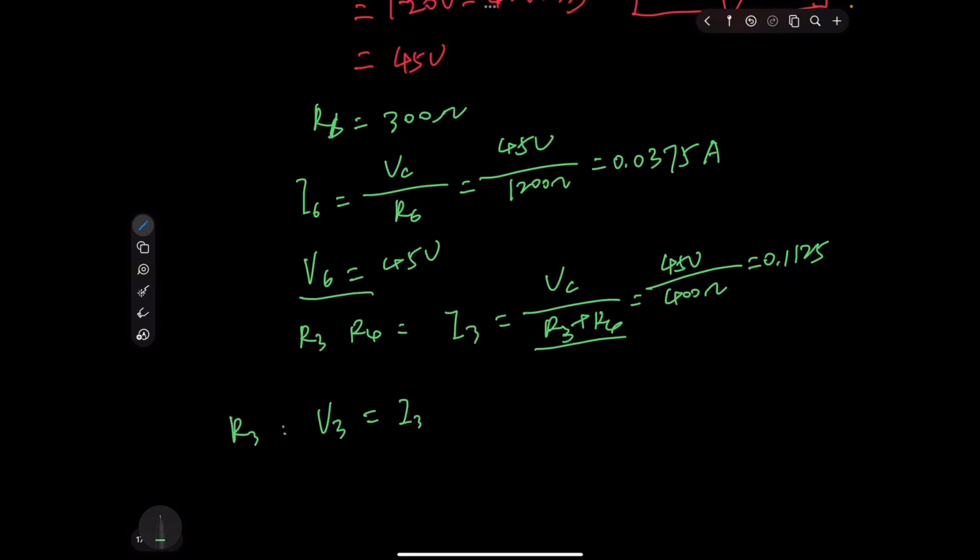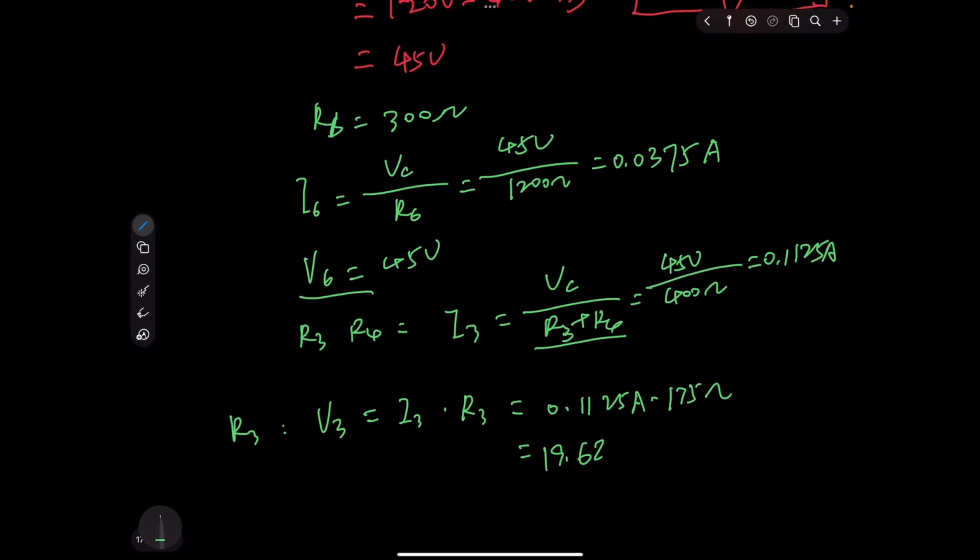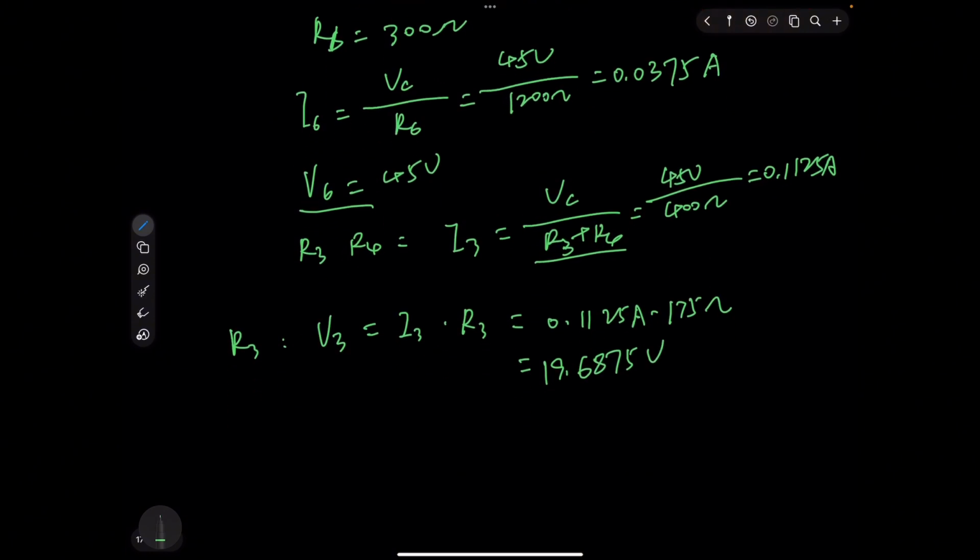And voltage for R3, V3 equals I3 times R3, equals 0.1125 amps times R3, which is 175 ohms. That is 19.6875 volts. And V4 equals I3 times R4, since they're in series, 0.1125 amps times 225 ohms.